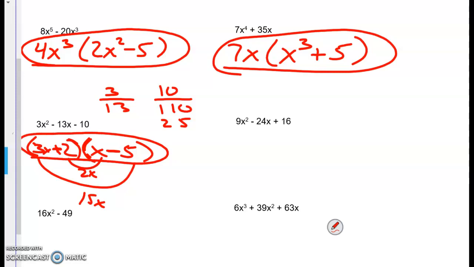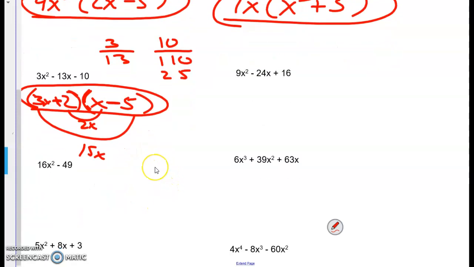These two special types right here, the 9x squared minus 24x plus 16, and 16x squared minus 9, we want to be aware of. Whenever you have perfect squares on either end, a lot of times that's going to be a binomial square.